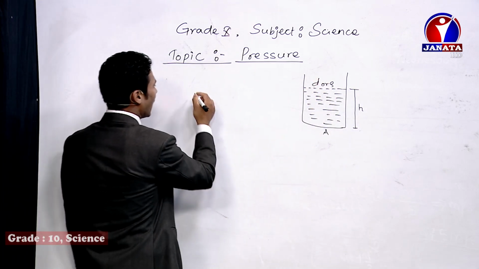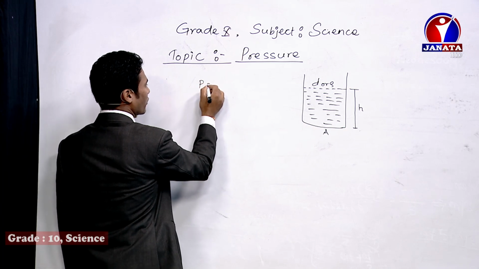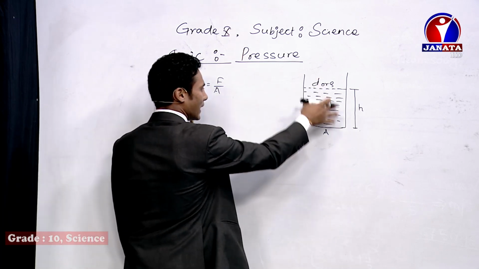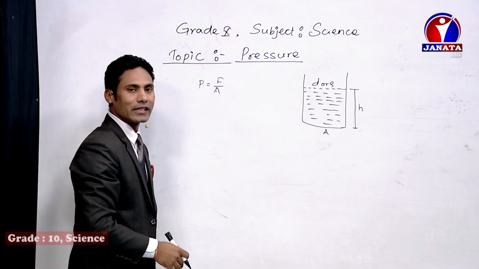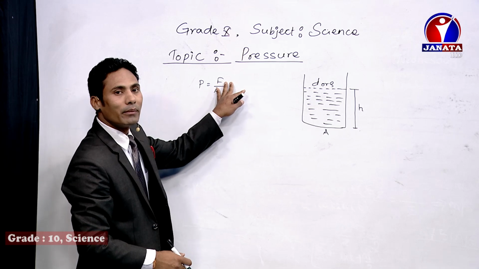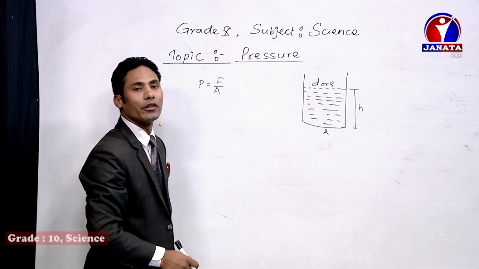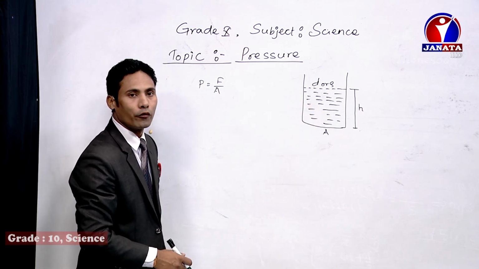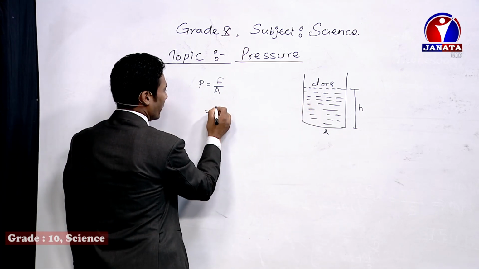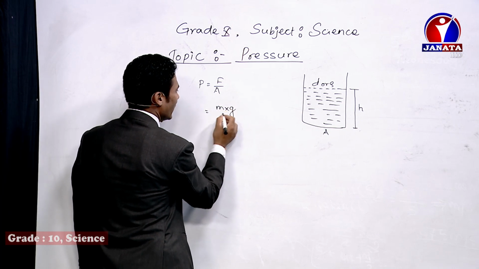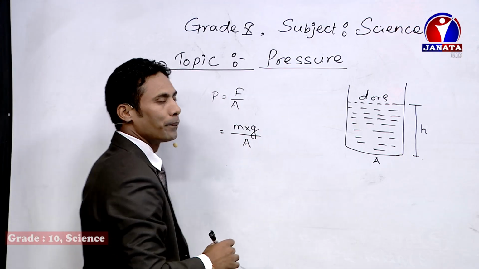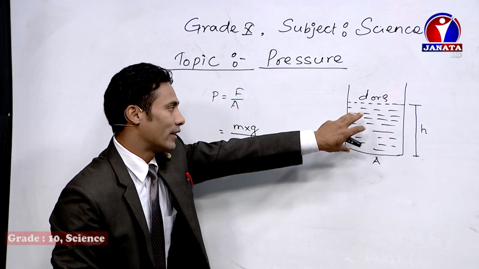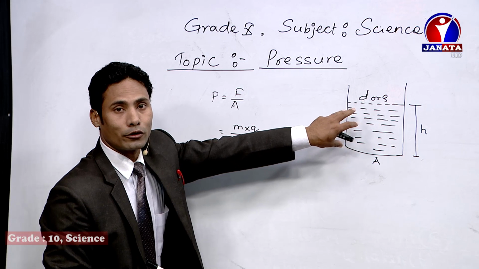So from the formula of pressure, P equals force per unit area. And in the case of this liquid, the force exerted by the liquid is equivalent to its weight. The weight of this liquid is equivalent to the force. That's why we can write P equals m g by A. Now this mass is difficult to calculate.